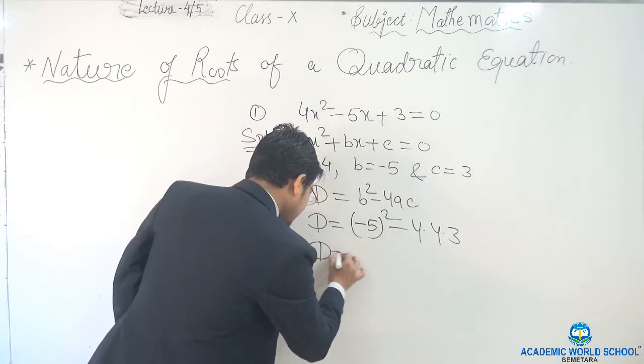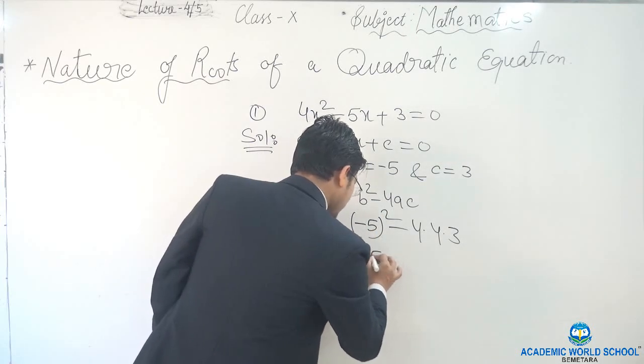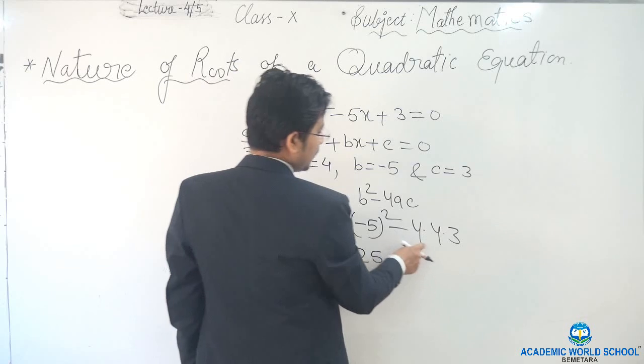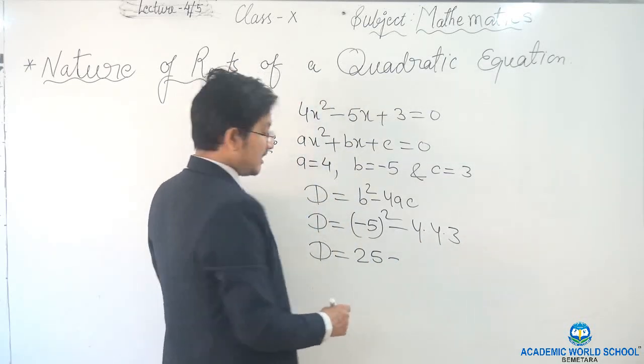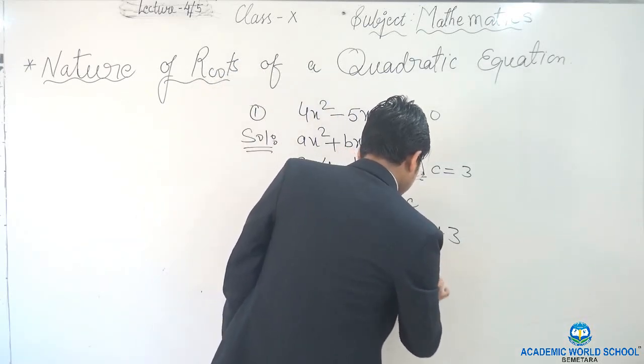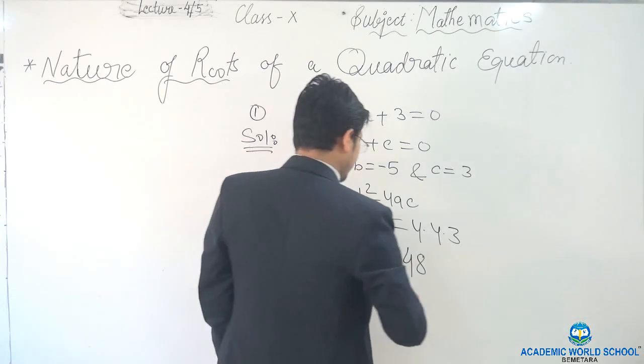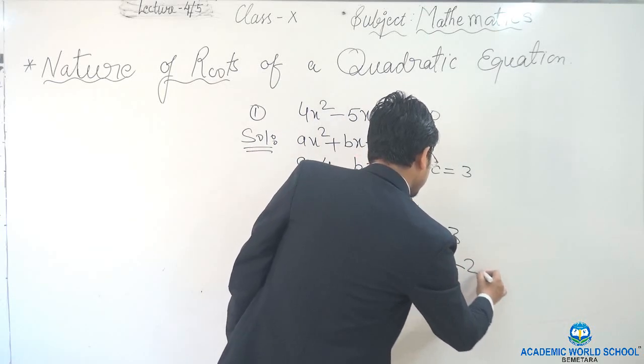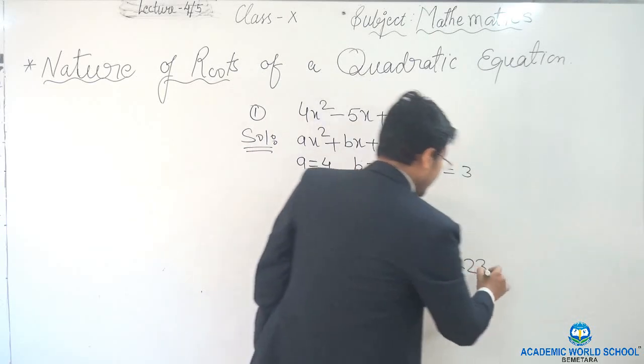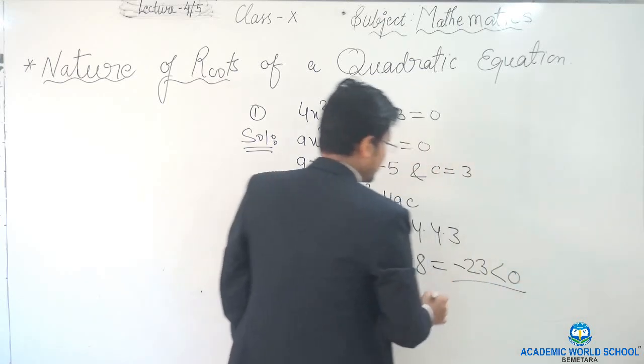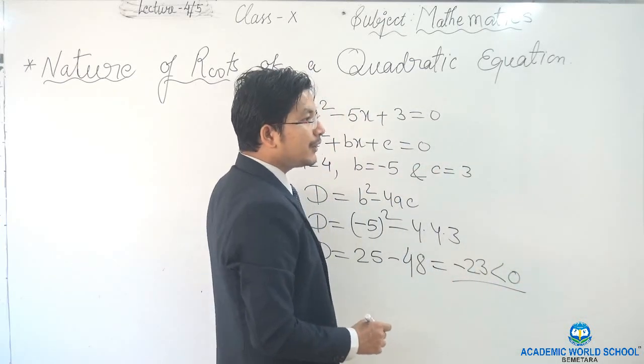So D is equal to 25 minus 4 times 4 is 16, 16 times 3 is 48. So 25 minus 48 is equal to minus 23, which is less than 0. Less than 0 means no real roots.